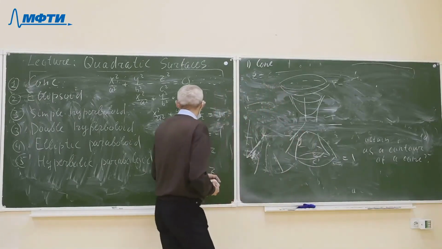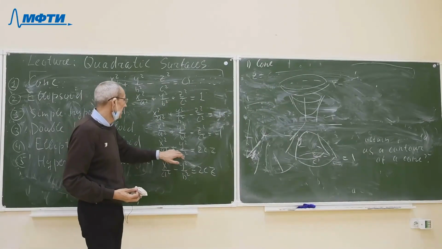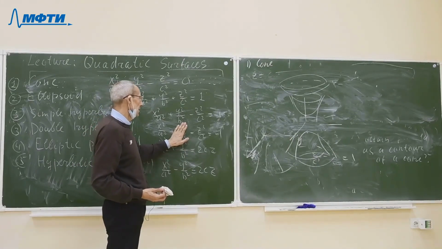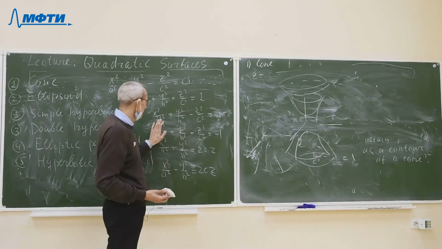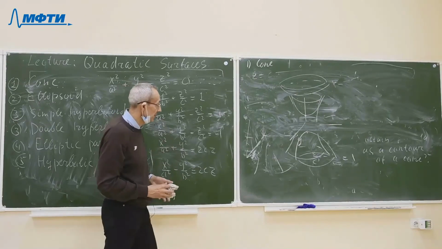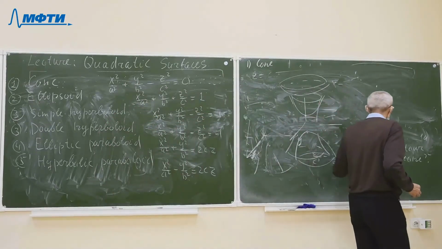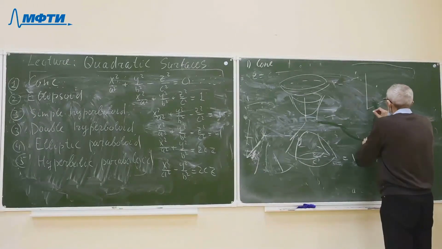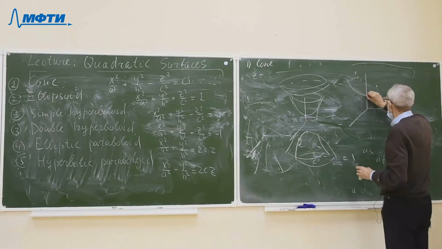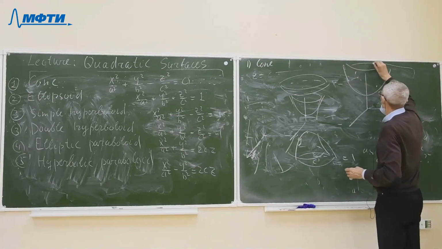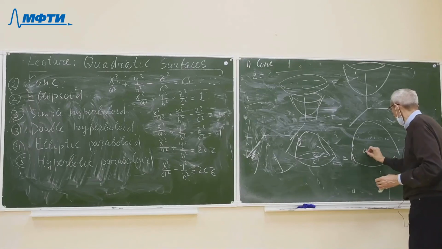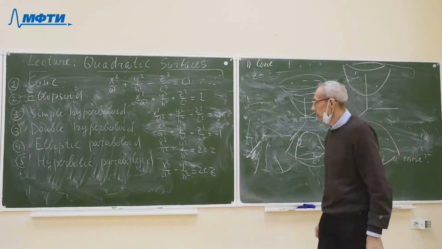And for the sections, if y is equal 0, we obtain a hyperbola, and in this case we also obtain a hyperbola. And we obtain the double hyperboloid.